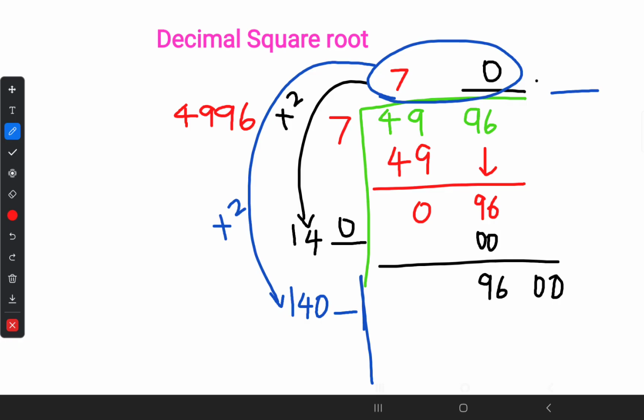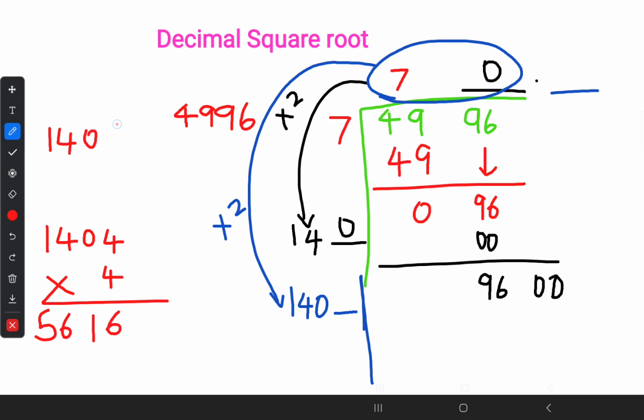Let's check number 4: 1404 multiplied by 4 is 5616. This number is way too far. So now let's multiply 1406 by 6: 6 6s are 36, remainder 3, and so on.